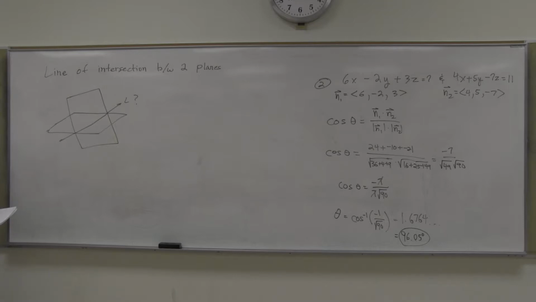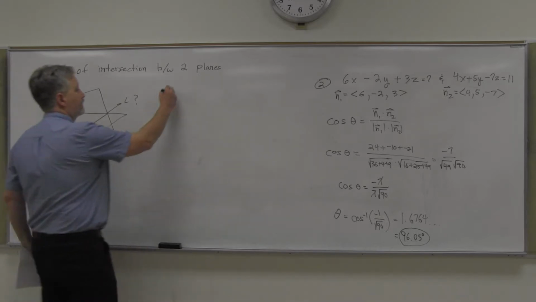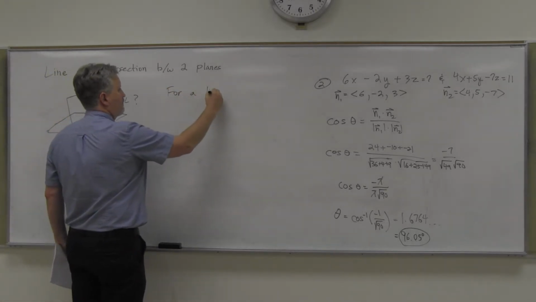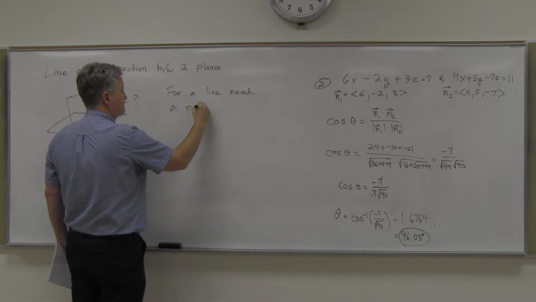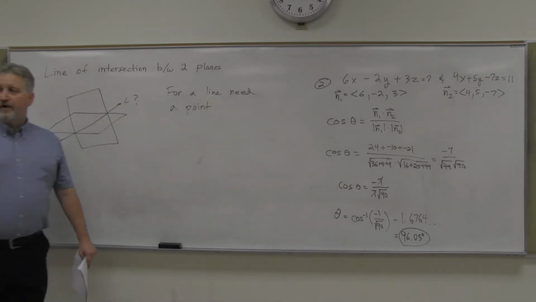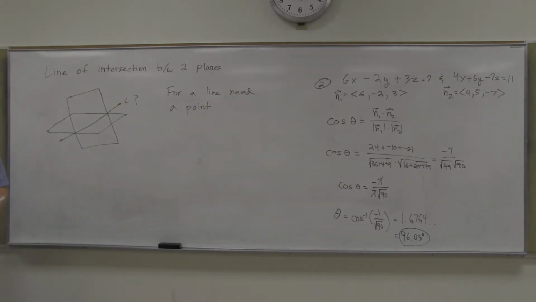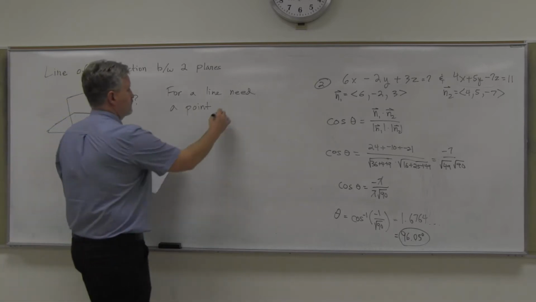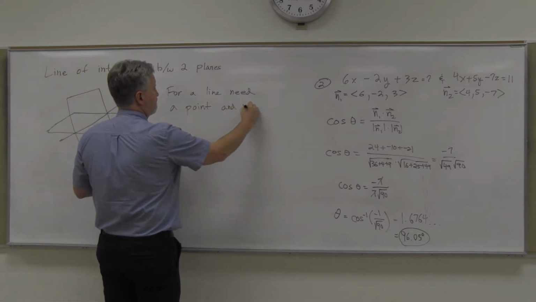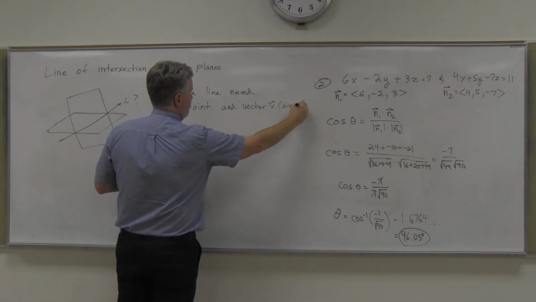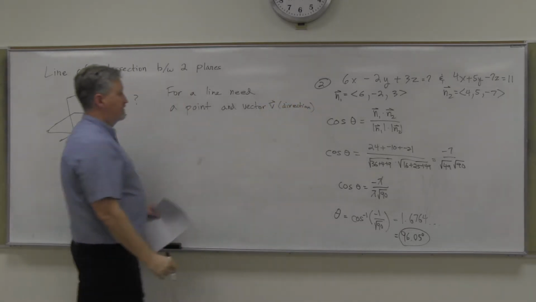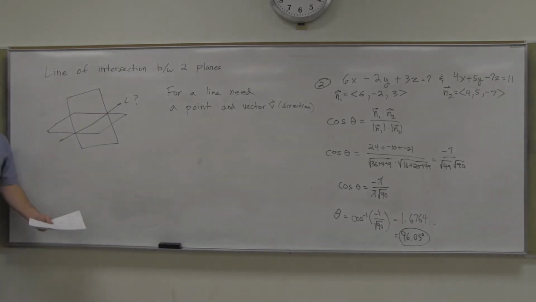Well, what do we need for a line? We need two things, right? We need a point, and then you also need a vector for the direction. In 2 dimensions you need a point and a direction, we could call it the slope.